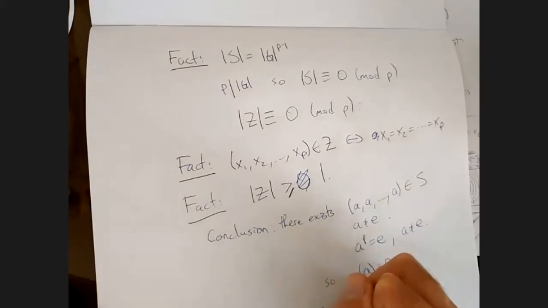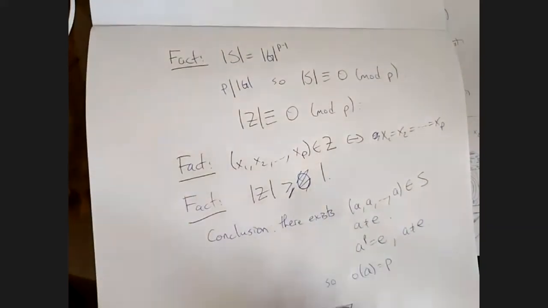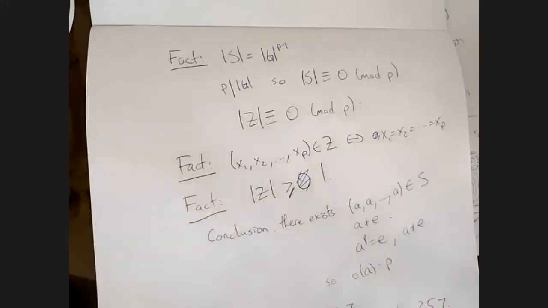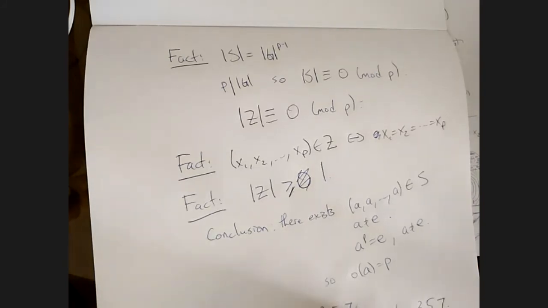Now that's just 3 times 5 times 7. Then there are elements of order 3, 5, and 7. I don't even need to investigate the structure of the group or anything. I just get that immediately from the factorization of the order of G.